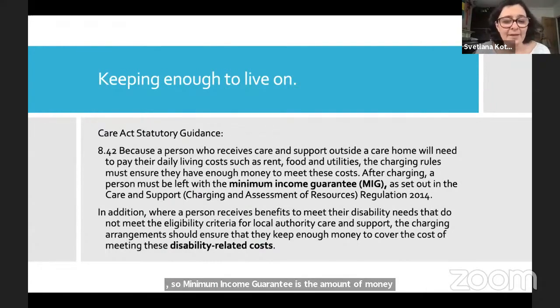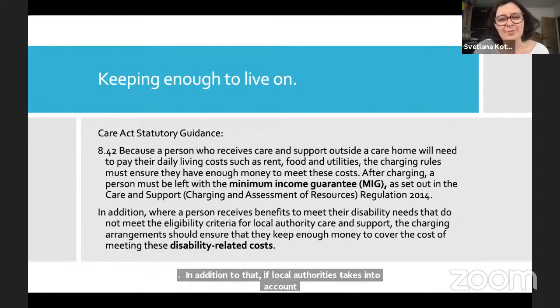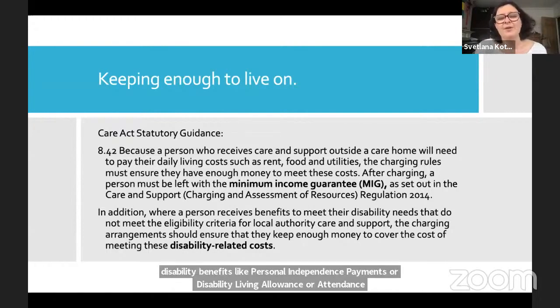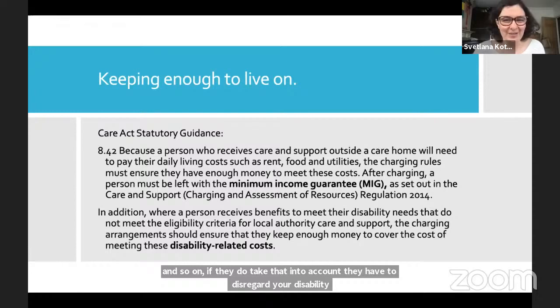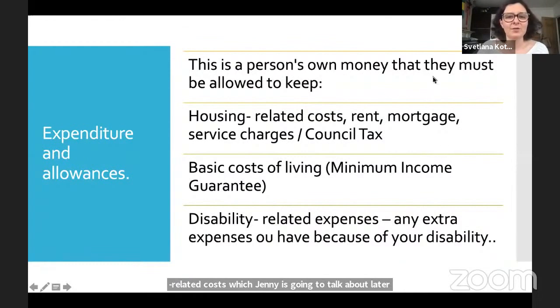And in addition to that, if the local authority takes into account benefits, the extra cost benefits that disabled people get, so any of your disability benefits like personal independence payment or disability living allowance or attendance allowance, your premiums like severe disability premiums, and so on, if they do take that into account, they have to disregard your disability related costs, which Jenny is going to talk about later on during this session.